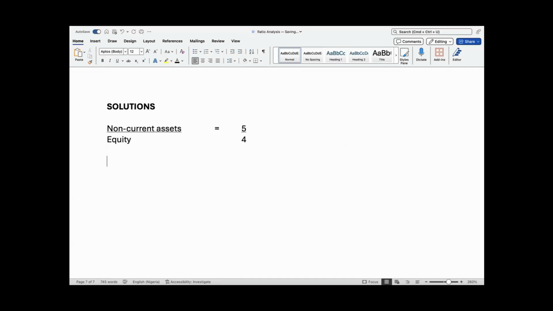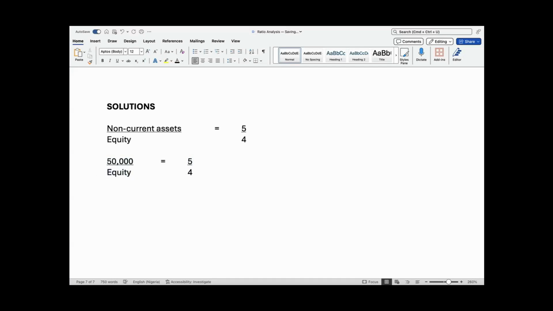Then 50,000 divided by my equity, which I don't have yet, equals 5 divided by 4. So I have only one unknown here, which means my problem is solved.